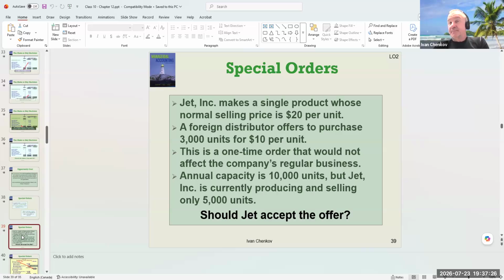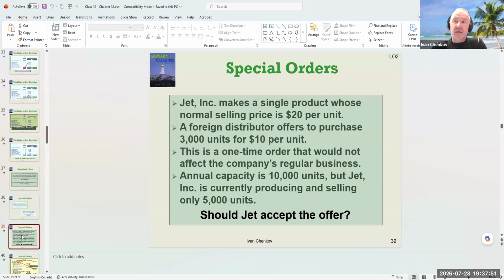Now let's see, do we have the capacity to do it? Currently, our capacity is 10,000. At the moment, we're making and selling 5,000. Do we have the capacity to make that special order of 3,000 units?